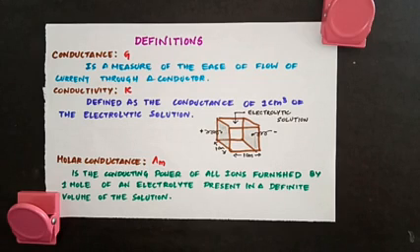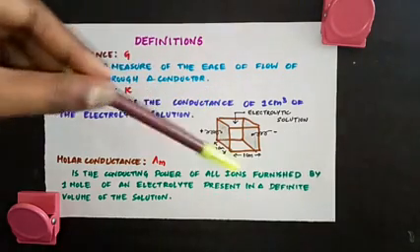It is the conductance of a solution of an electrolyte enclosed in a cell which has a volume of 1 centimeter cube of the solution of that electrolyte. So if this is the box in which the solution is present and the volume is 1 centimeter cube, then conductivity is the conductance of this solution enclosed in this cell.